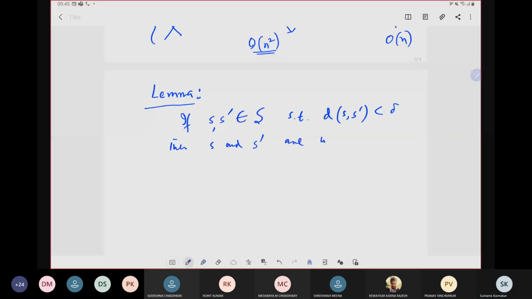This constant can be something between 8 to 15.